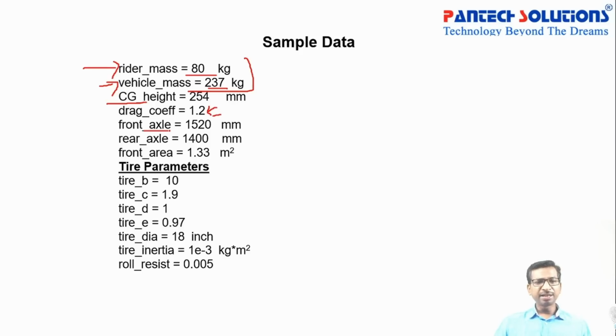Then the frontal area, front axle dimension, rear axle dimension. If you combine those things, then you can start a two-wheeler free body diagram. So let us develop one two-wheeler, not a four-wheeler.